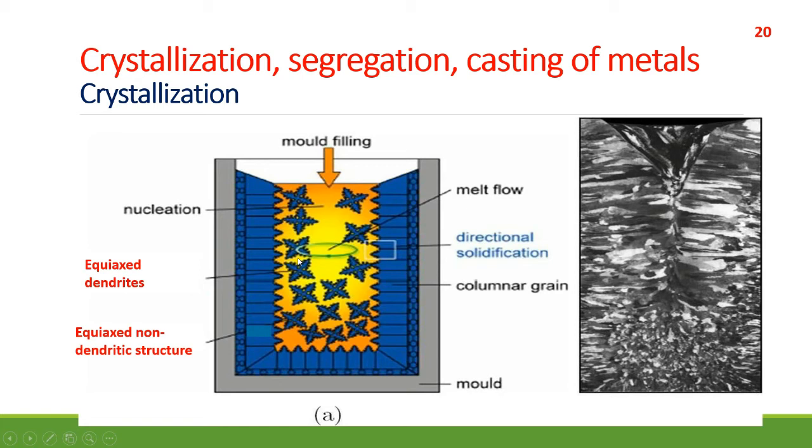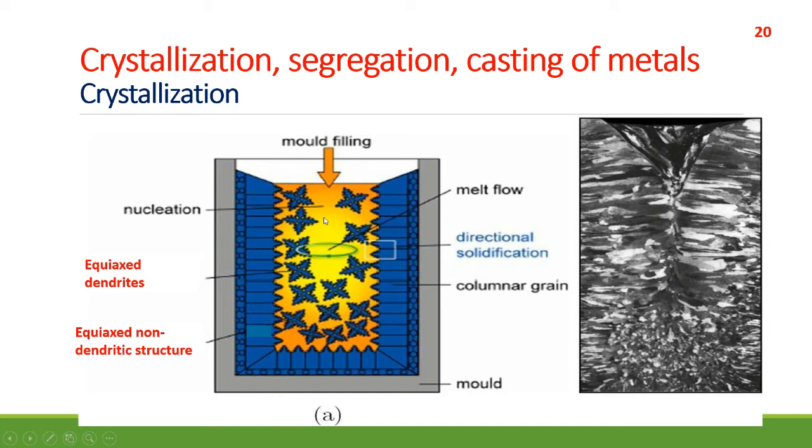So at this position you see equiaxed dendrites, and at the boundary these are non-equiaxed dendrites. These are the columnar grains, and this is the directional solidification, meaning they are growing towards the center of the mold from the surface, and this is the melt flow.